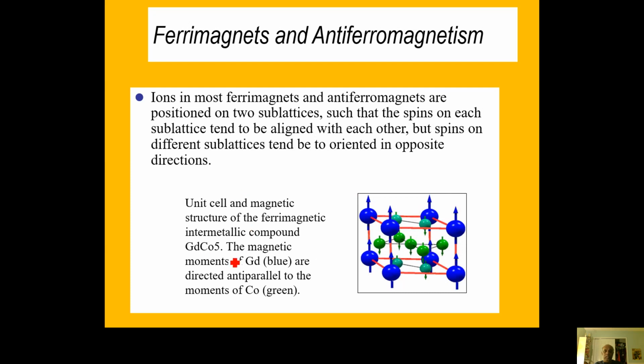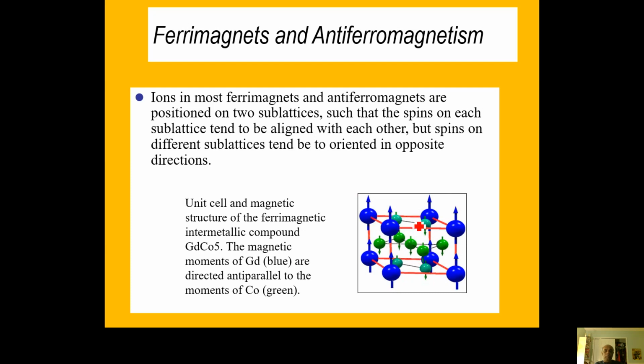Here you can see gadolinium cobalt. You can see gadolinium ions in blue and cobalt ions in green. All the gadoliniums have spins in the positive Z direction, and the cobalt spins are all in the negative Z direction.